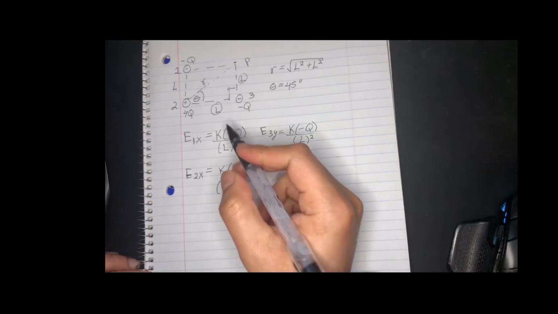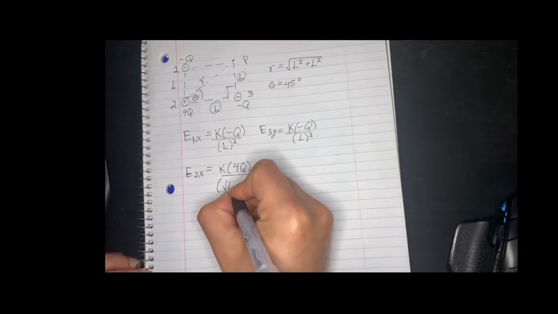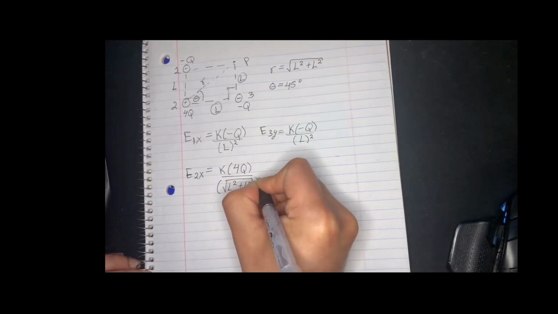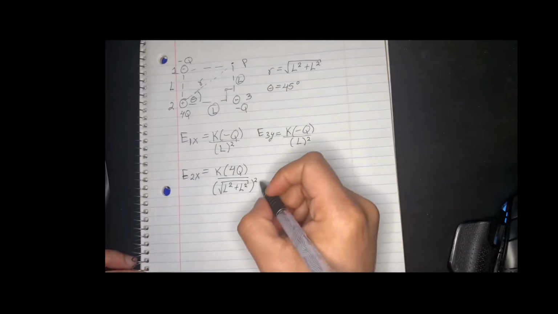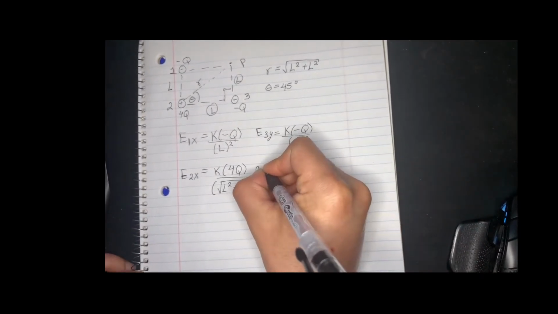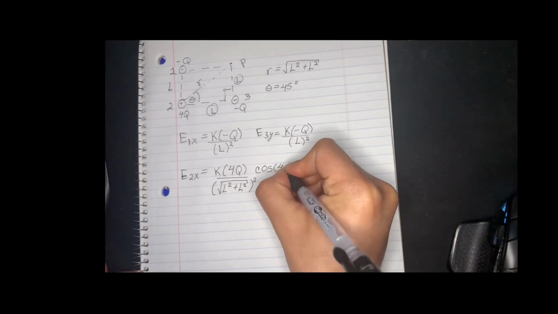The distance is gonna be R, so this is gonna be square root of L squared plus L squared, and all this squared. Over here we're gonna multiply with a cosine of 45 degrees.